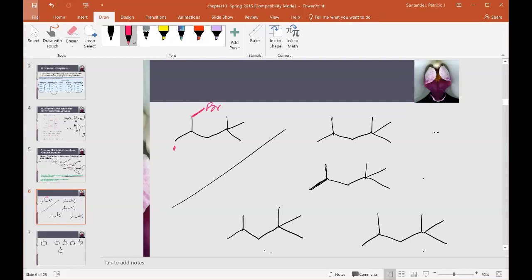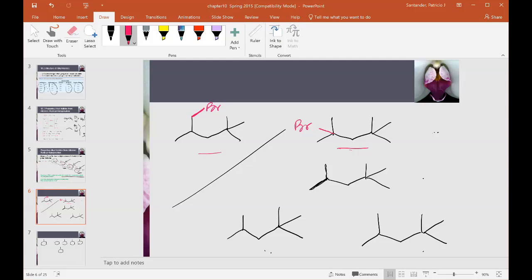Those two are exactly equivalent. Then I can put my bromine on that carbon atom. That will be different. What is the relationship between this structure here and that structure there? Well, they are constitutional isomers, right? Constitutional isomers.